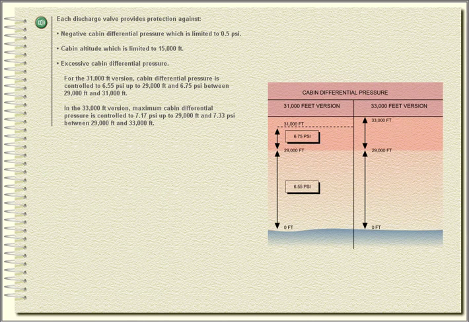For the 31,000 feet version, cabin differential pressure is controlled to 6.55 psi up to 29,000 feet and 6.75 psi between 29,000 feet and 31,000 feet. In the 33,000 feet version, maximum cabin differential pressure is controlled to 7.17 psi up to 29,000 feet and 7.33 psi between 29,000 feet and 33,000 feet.